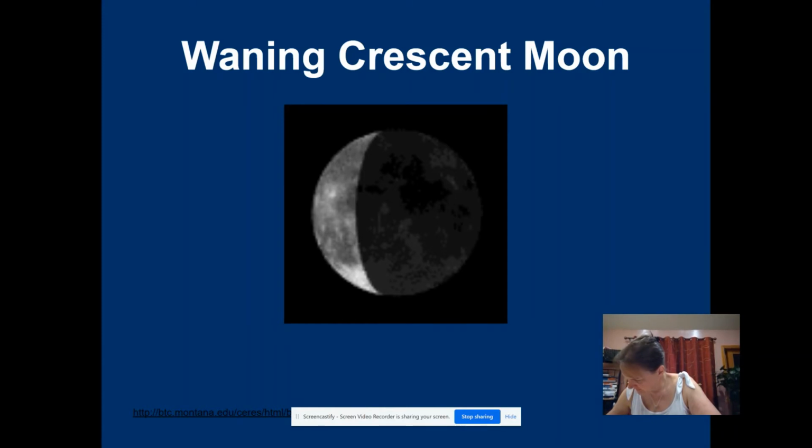I find it easier to make the curve shape like the banana and then shade in the rest of it. Dark. Waning crescent. There we go.